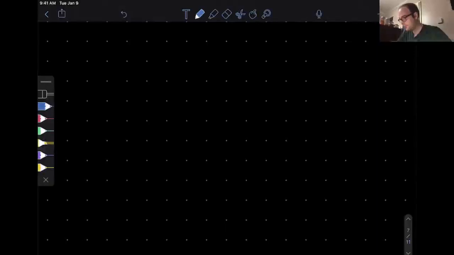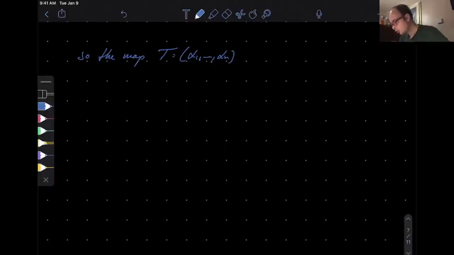So the map, let's define it, T from the coordinates alpha 1 up to alpha n to the linear combination sum of alpha j x j.